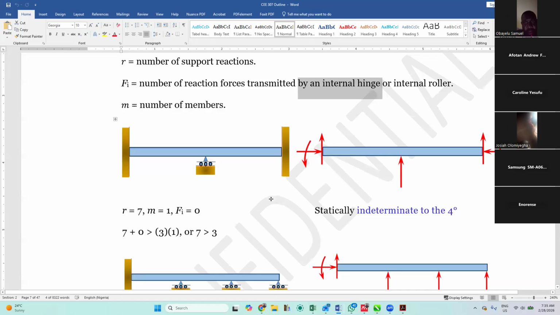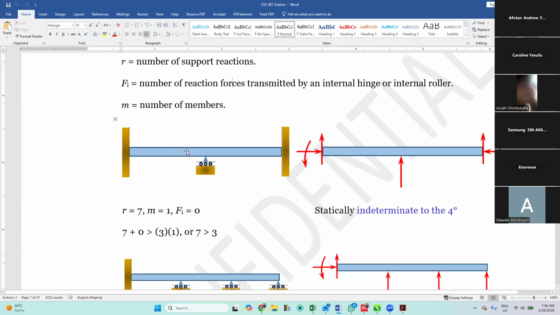Okay. Now, in the alternative B that we did at that time, this particular one had this number of members.